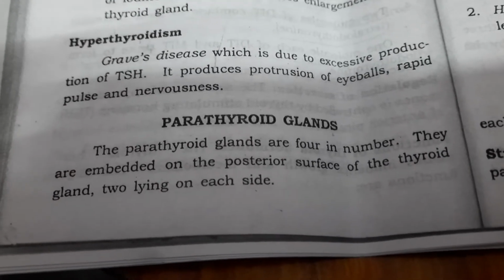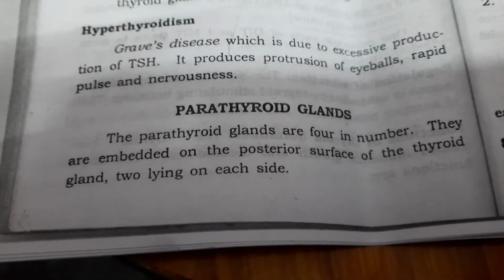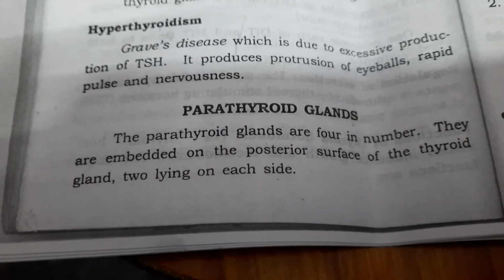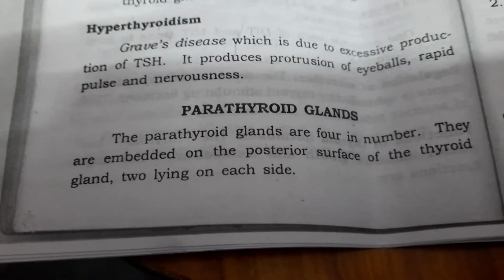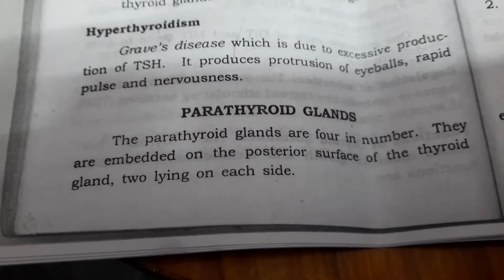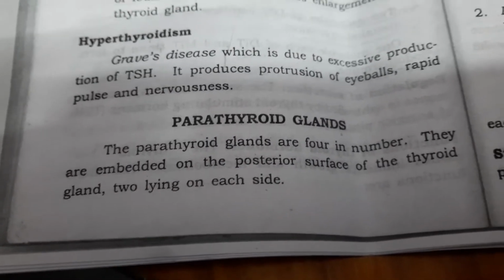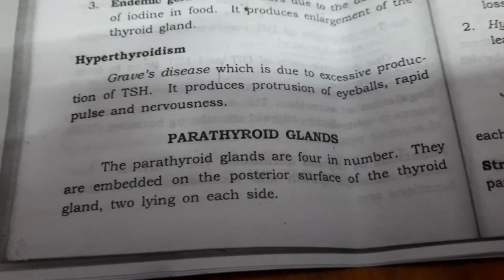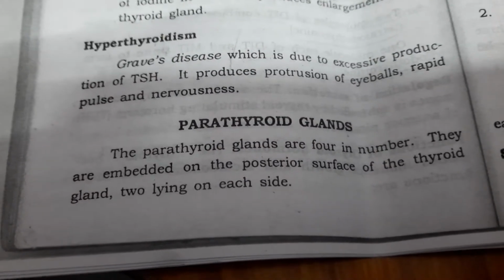So the thyroid gland, we have seen where it is situated, on both sides of the trachea, and what the function of the thyroid is, and what hormones it secretes: triiodothyronine and thyroxine.